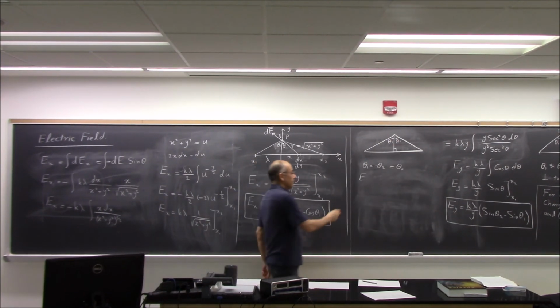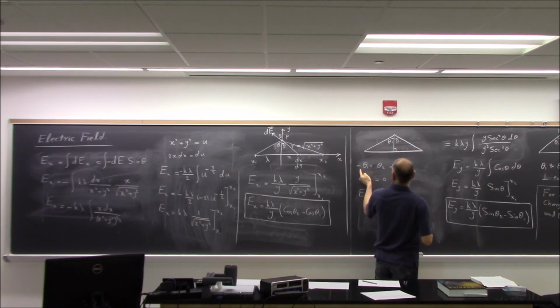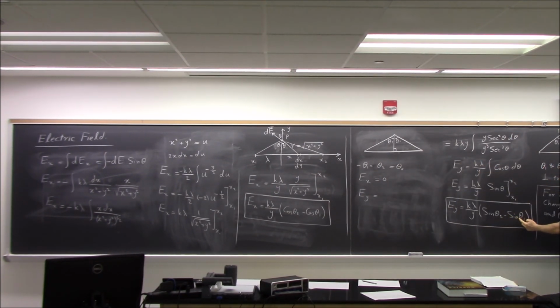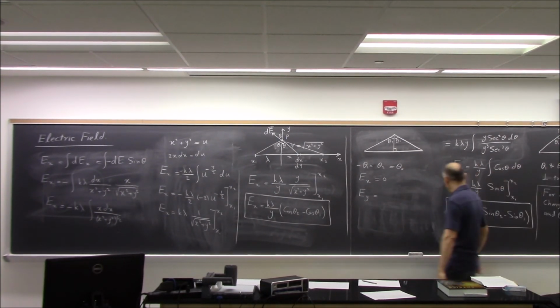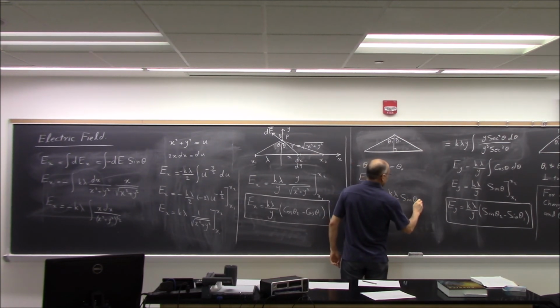So Ex is 0. Theta 2 is theta naught, theta 1 is negative theta naught. So sine of negative theta naught becomes negative sine theta naught. This negative becomes positive, so it becomes 2 sine theta naught. So Ey becomes 2k lambda over y sine theta naught.